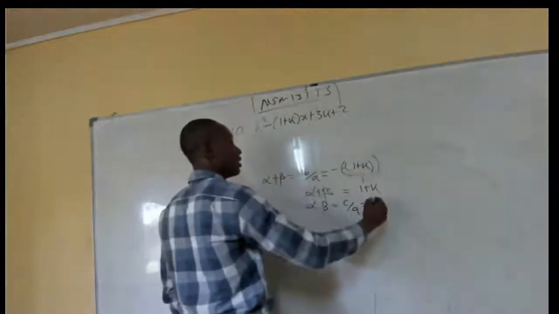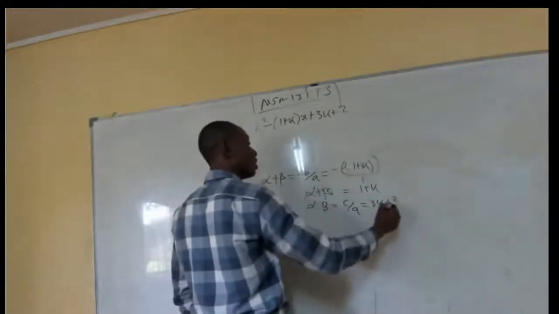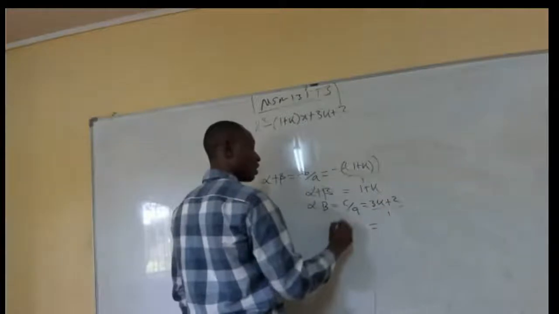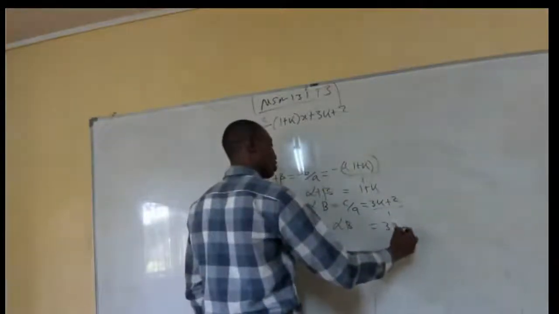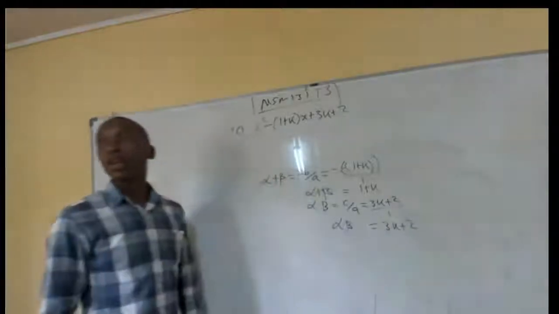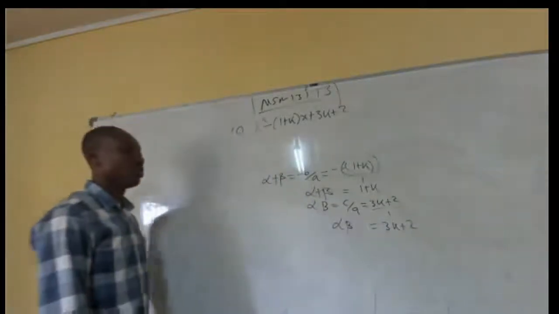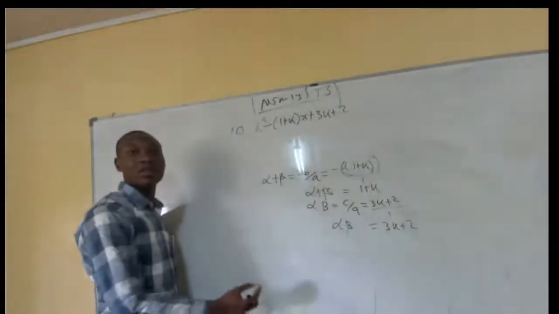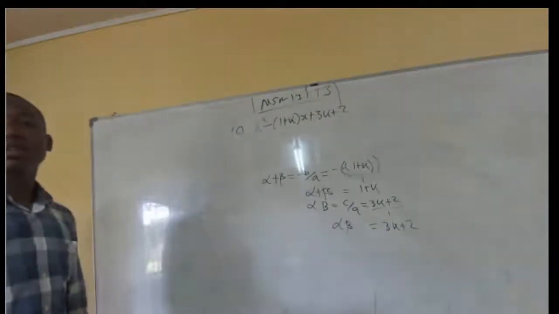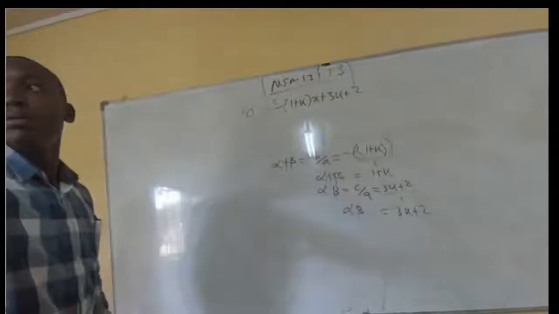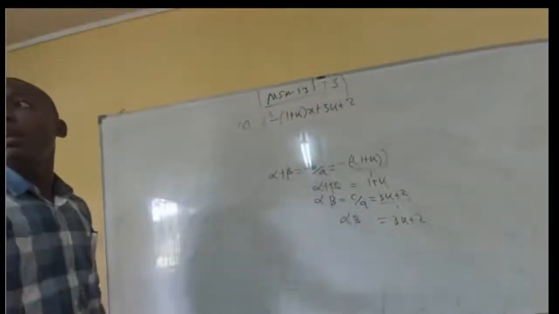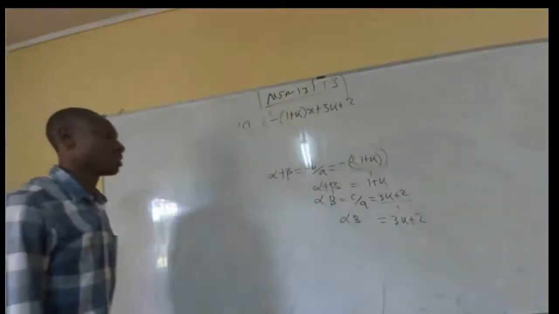C here is 3k plus 2 over 1, so the product of these roots is just 3k plus 2. Now you've been told that the sum is twice the product.